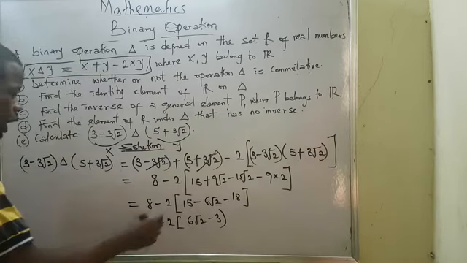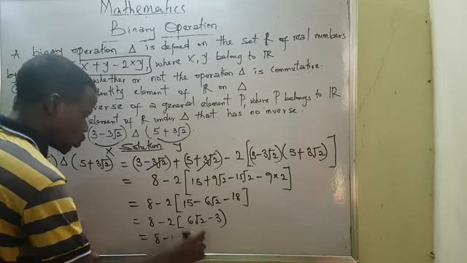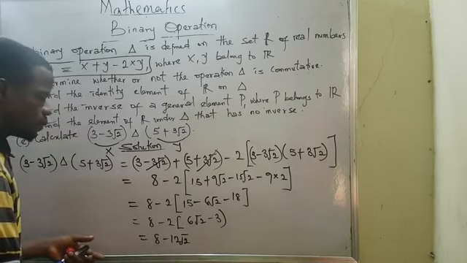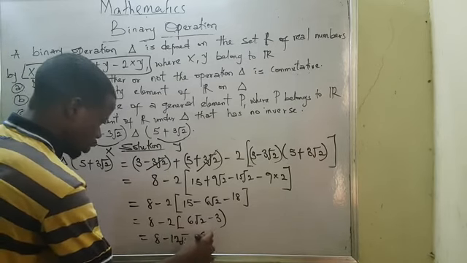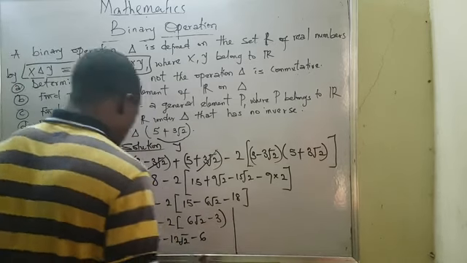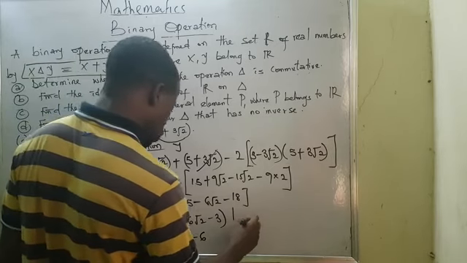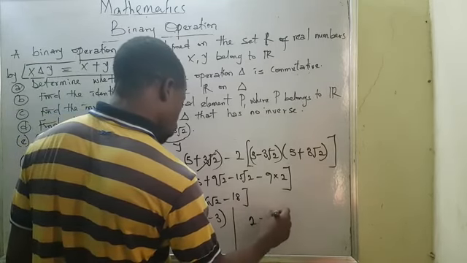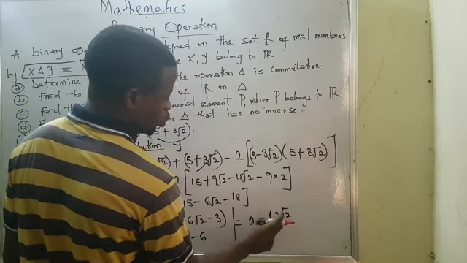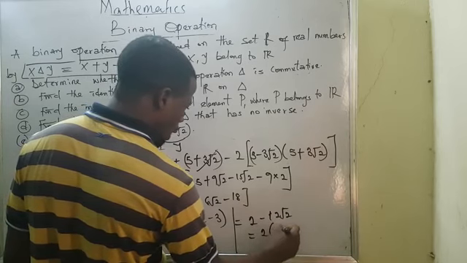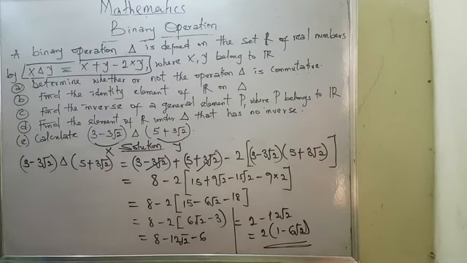So that equals 8 minus 12 root 2 minus 6. So what would that eventually be? That will be equal to 2 minus 12 root 2. And that can be equal to, factor out 2 here, 2 open bracket 1 minus 6 root 2. So we are done, good as done.